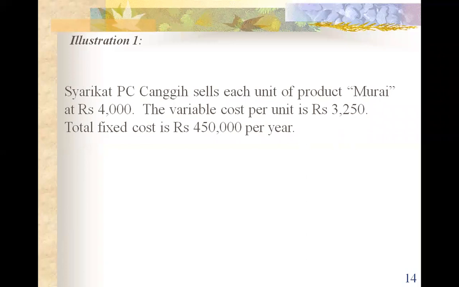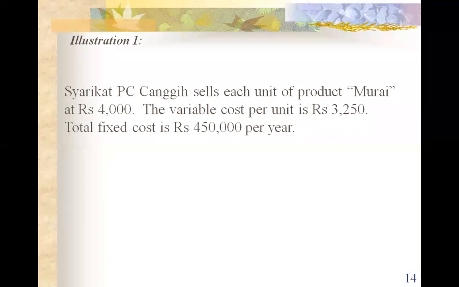And total fixed cost is 4,50,000. So here you see the selling price is 4,000 and variable cost is 3,250, right? You got the point?